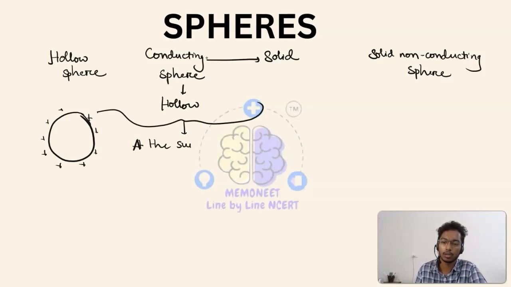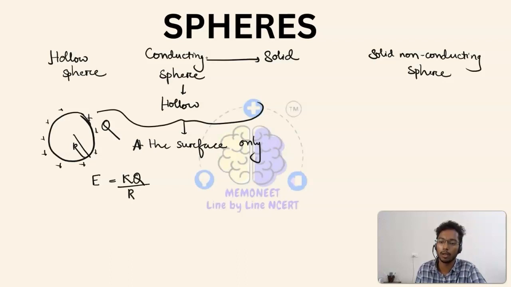If we talk about the electric field outside the sphere, let's say it has charge q and radius R, so the electric field outside the sphere is kq upon r square, where small r is the distance outside the sphere, for r greater than R.